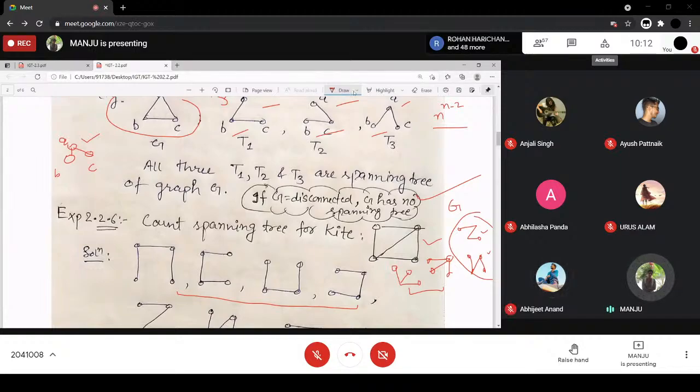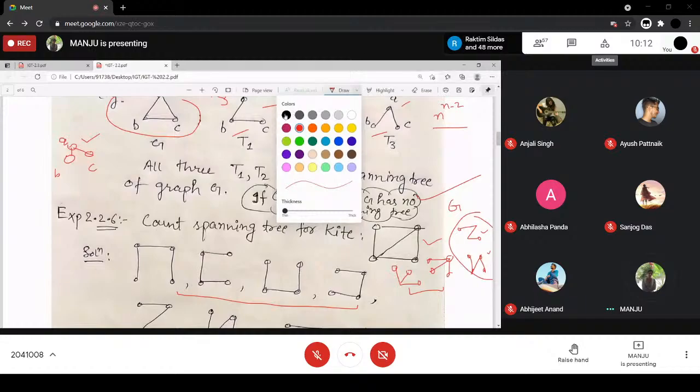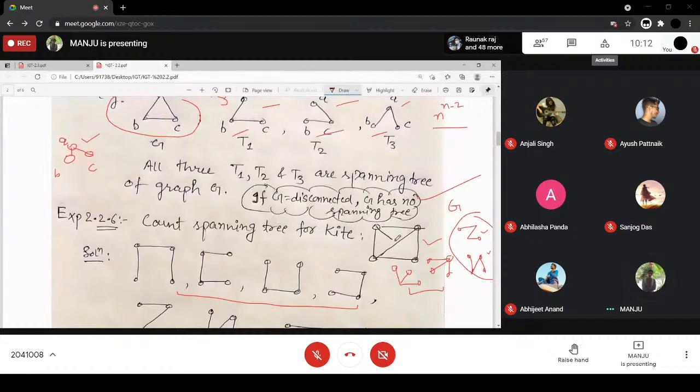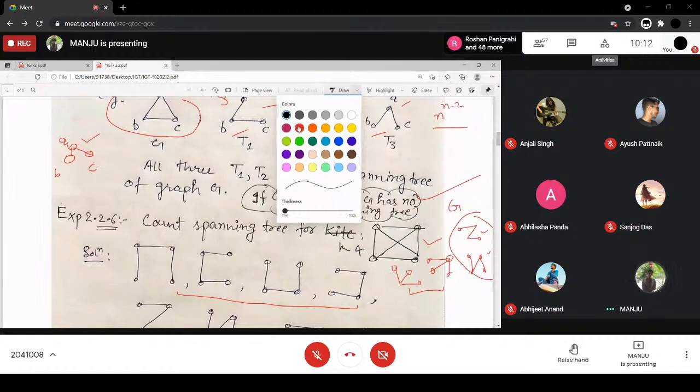Okay. If I increase one edge, this is now K4, not kite. Now tell me how many spanning trees can you find?